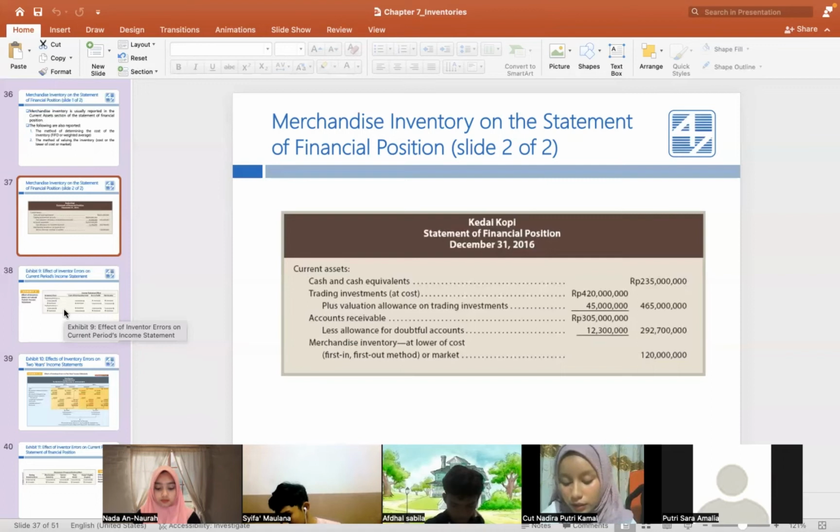And then 292 million 700,000. And then merchandise inventory at lower of cost, first in first out method or market, 120 million rupiah. The next one.